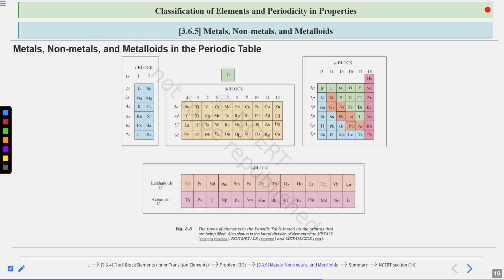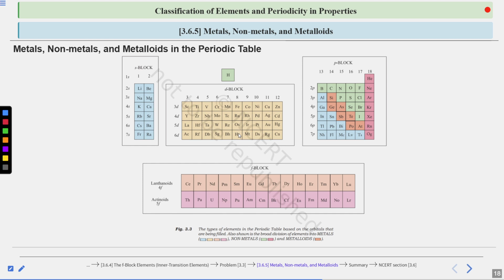At the bottom where it is written figure 3.3, you will notice that metals are denoted by 4 distinctive colors: sky blue, pink, and 2 more. Non-metals are denoted with a green color and 1 more color, and the metalloids are denoted with an orange color.